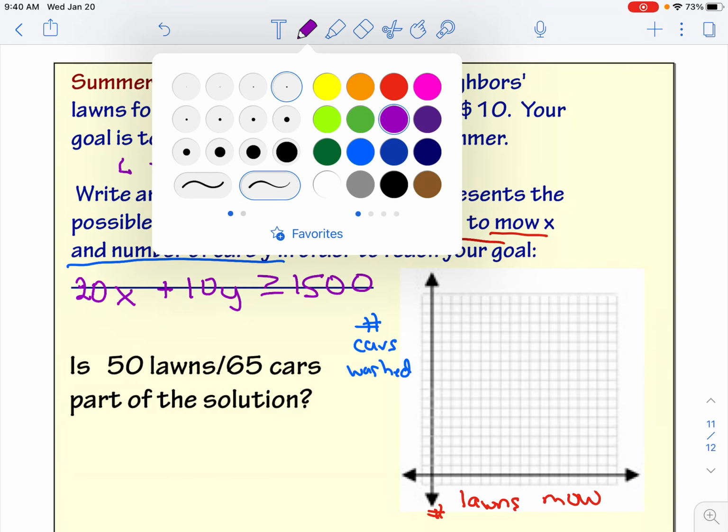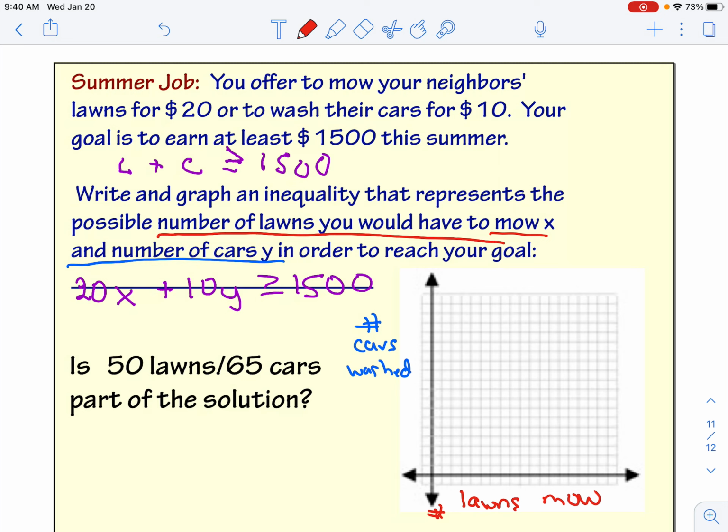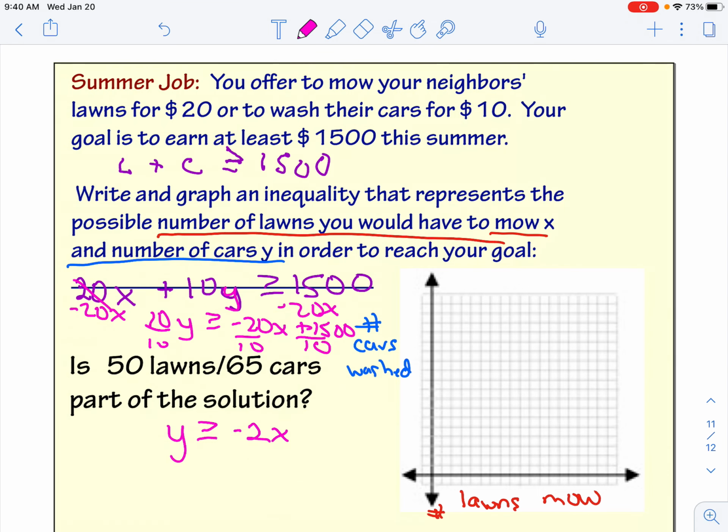So now I can just solve this for Y. I am going to solve this for Y by subtracting 20x from each side. That gives me 10y is greater than or equal to negative 20x plus 1,500. Now I'm going to divide by 10. And what I get is y is greater than or equal to negative 2x plus 150.